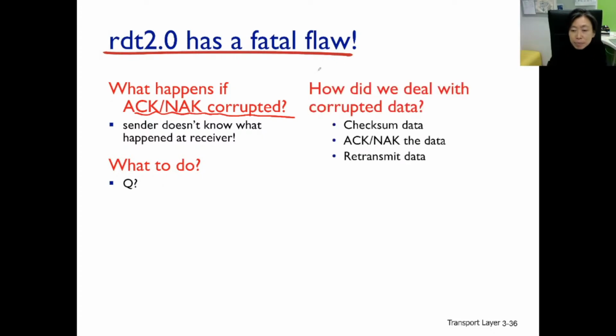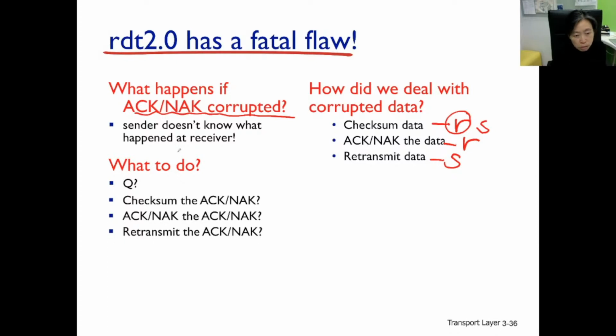So how did we deal with the corrupted data? We do the checksum, right? Actually, we do the checksum at the sender, adding that into the packet, and receiver checks it again. Now, if it's not a match, we send NACK. If it's a match, we send ACK. So this is receiver side action. And therefore, at the sender side, we could retransmit data.